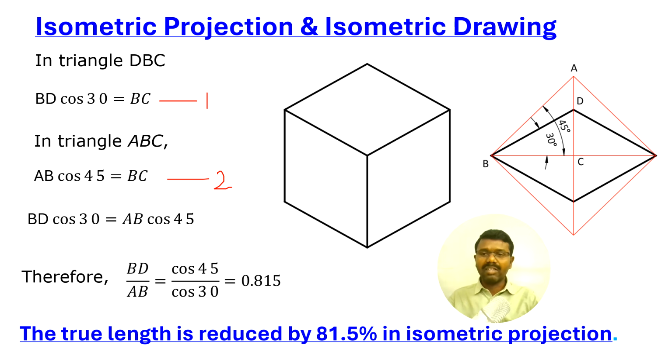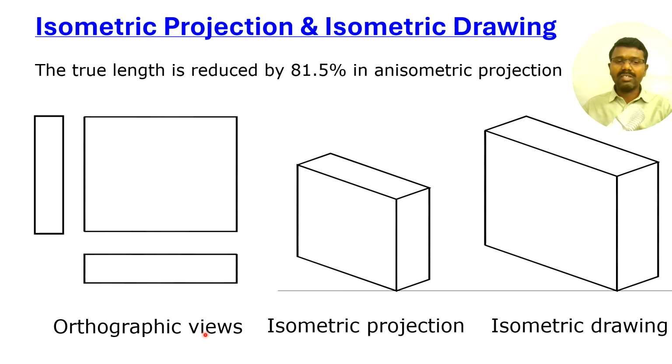Let me give one example. Let us say these are the orthographic views. From this orthographic view, we are going to draw the three-dimensional isometric drawing. We know this is the front view, top view, and side view.